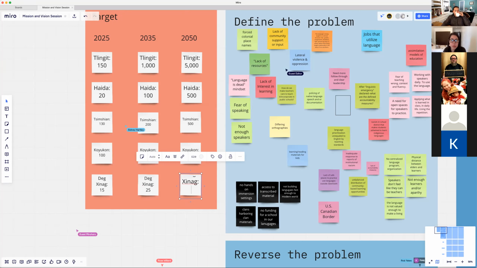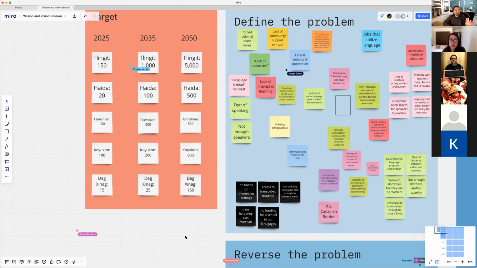Maybe 35. Let's say 30 years from now. 150. What if we say 150? Yeah, let's do that. We're probably asking for 20–30% of the entire population to speak. But that would be moving things in the right direction.